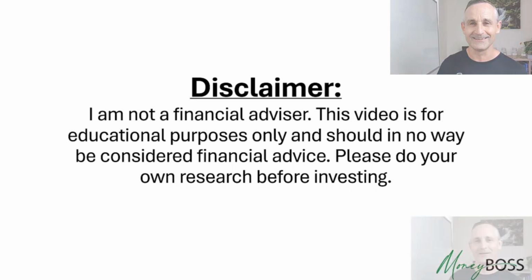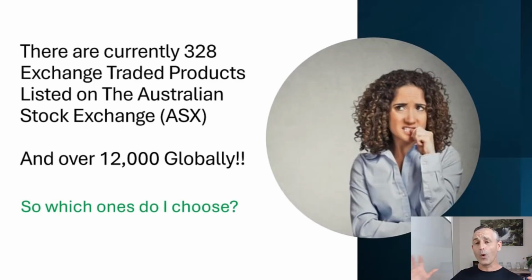So there are currently over 12,000 exchange traded funds available around the world, and this number increases every single day. And here in Australia, there are 328 exchange traded products listed on the Australian Stock Exchange. So of course, the big question is, well, how do I choose which one I want to invest in?